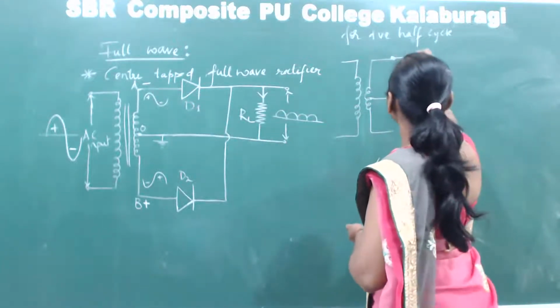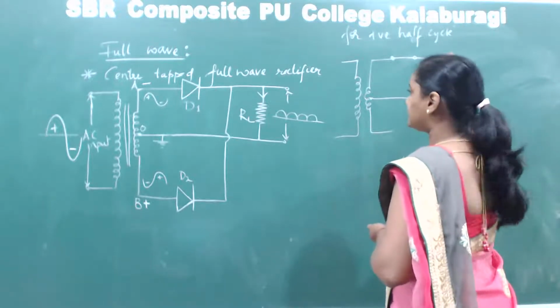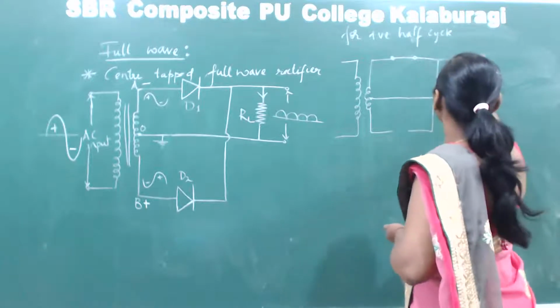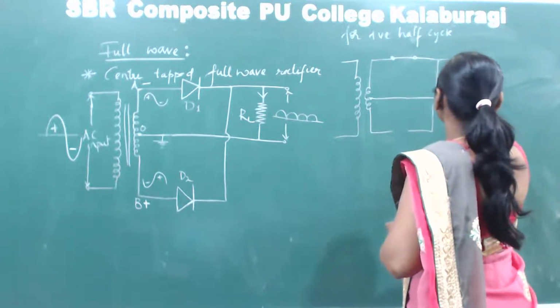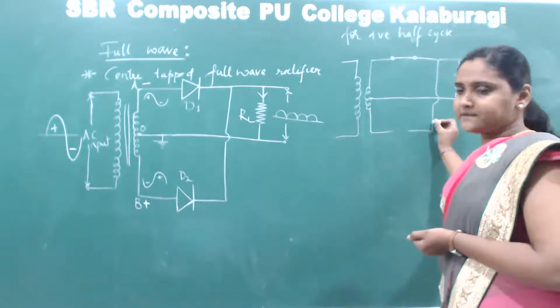Okay, I am just showing it by a closed switch. Right? The remaining circuit is as it follows. And this is the output. This is RL. Here, now what happens?